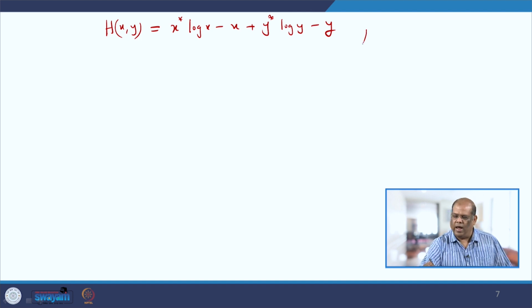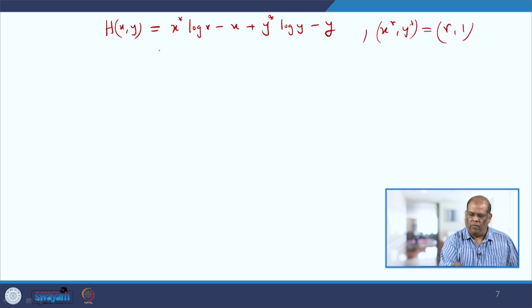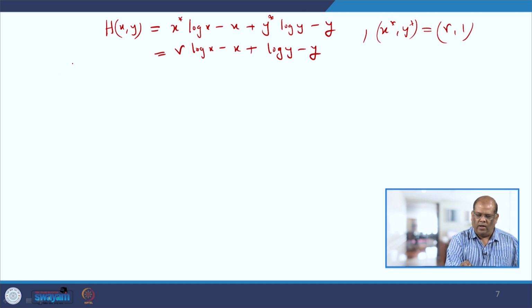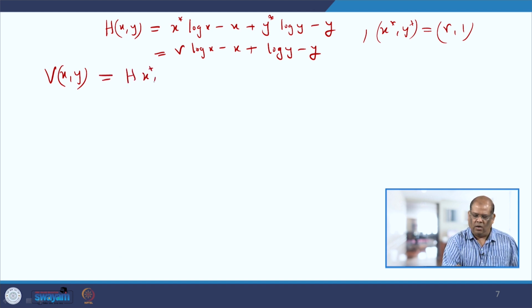So, here your (x star, y star) is equal to (gamma, 1). If I put it here, that is gamma log x minus x plus 1 log y minus y. Now, I define, so this is not my Lyapunov function, the notation remains the same, it is V(x,y), this is equal to h(x star, y star) minus h(x,y).